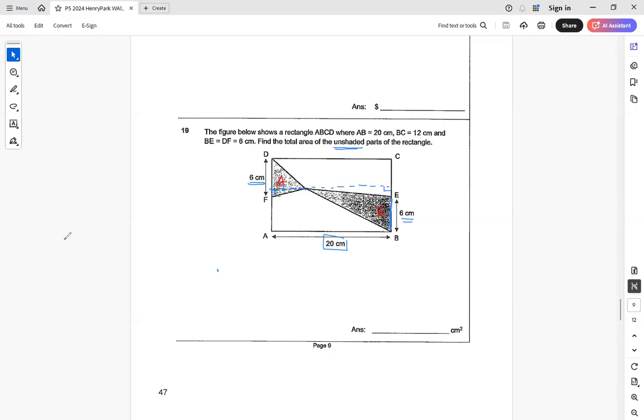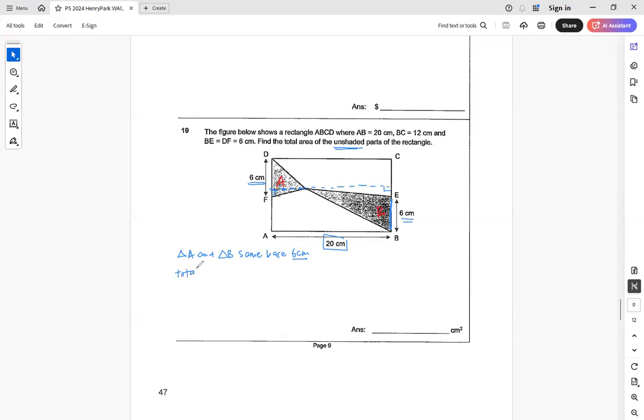Triangle A and triangle B, they have the same base of 6 cm. So for triangles with the same base, how to find the total area?